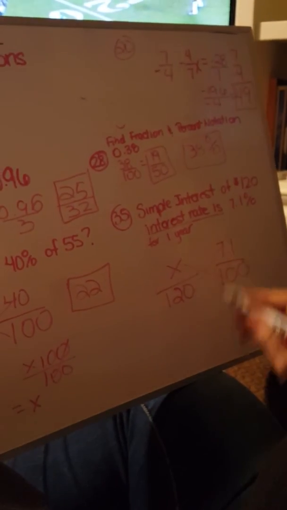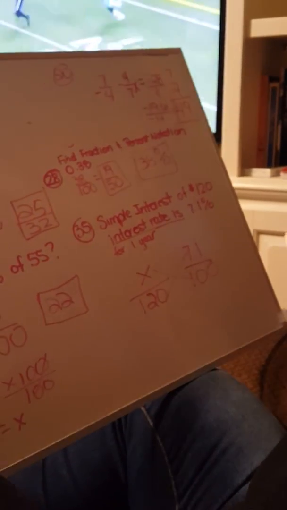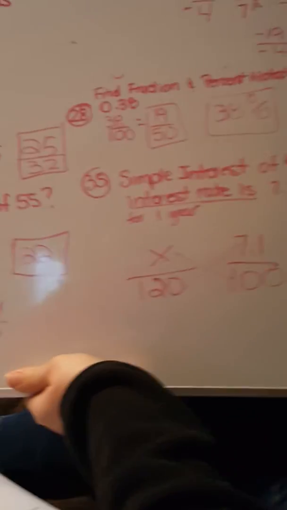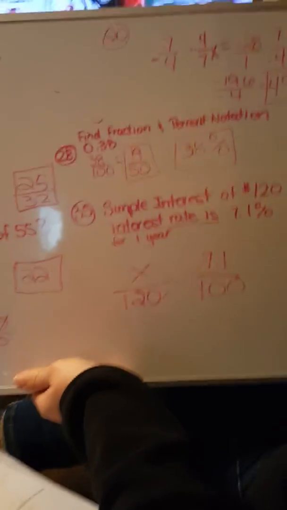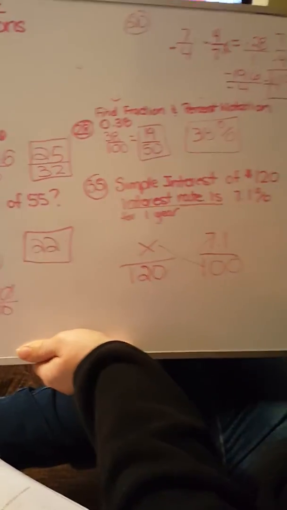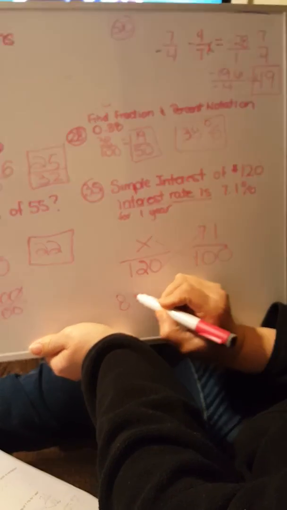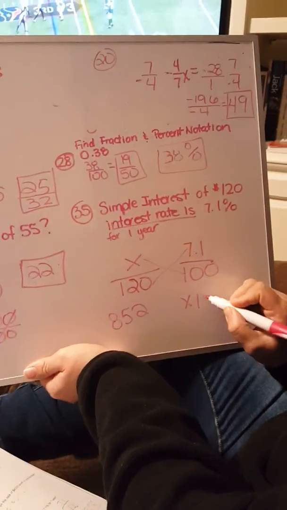So you cross multiply, making it 120 times 7.1, giving me 852. So 852 would be over here, and this would be 100.